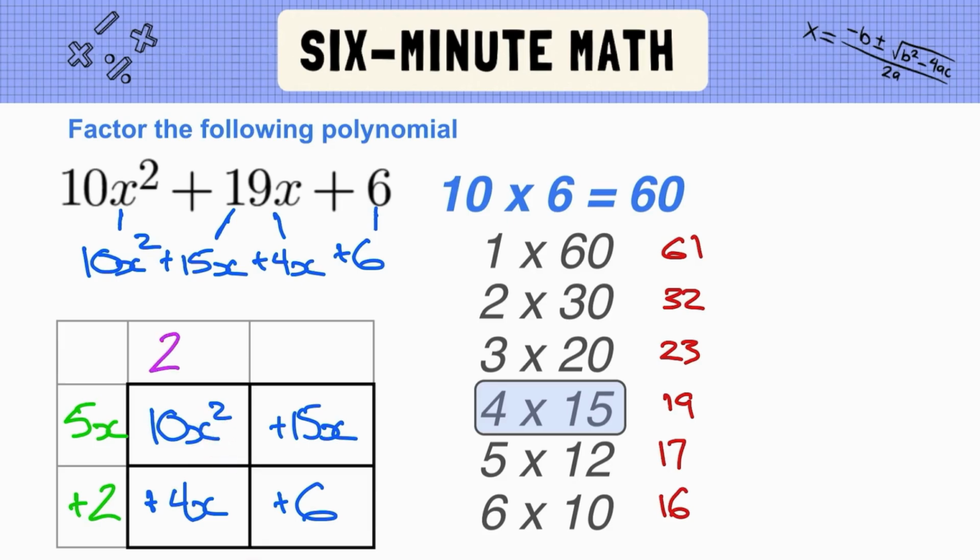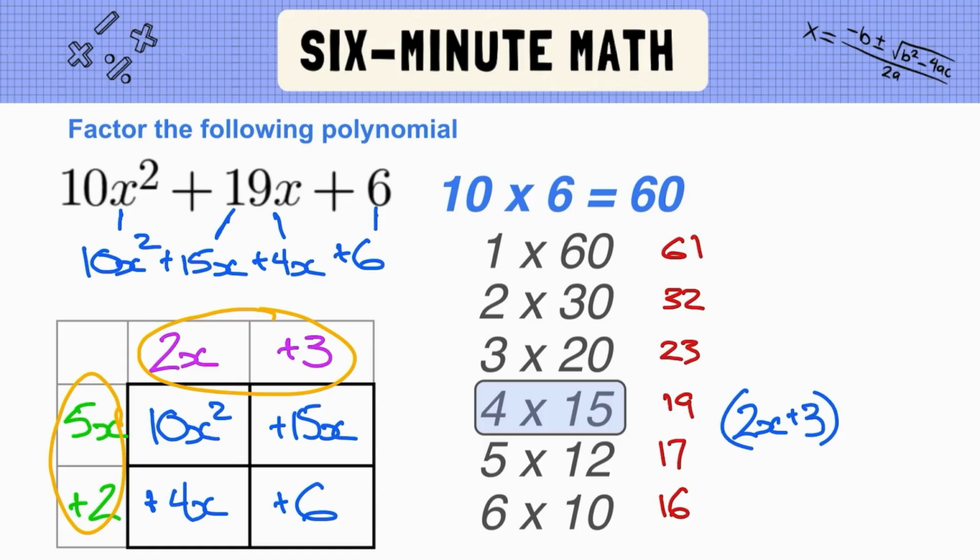I can take out a 2x. And 15x plus 6. I'm going to take out a positive 3. This gives me my final binomial factoring of 2x plus 3 times 5x plus 2.